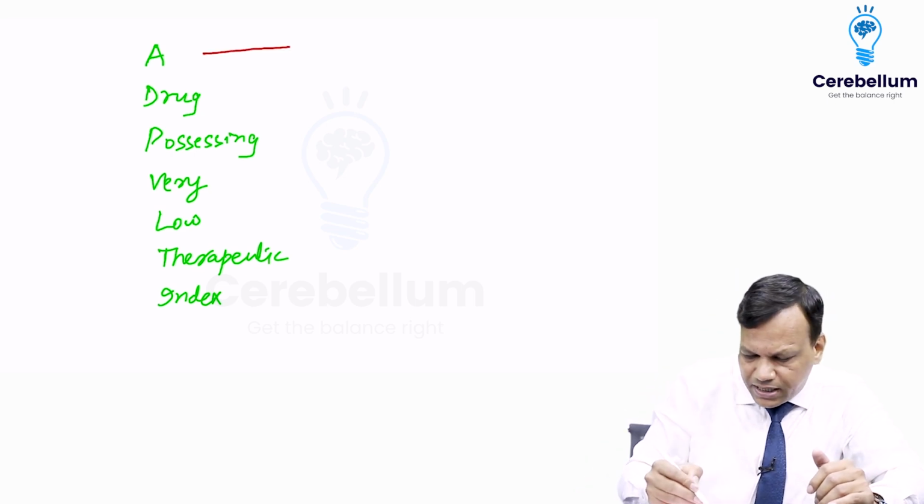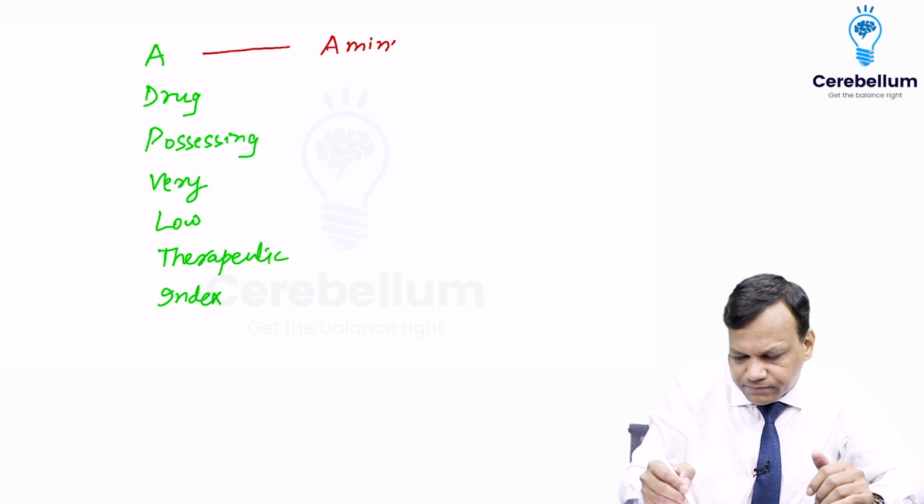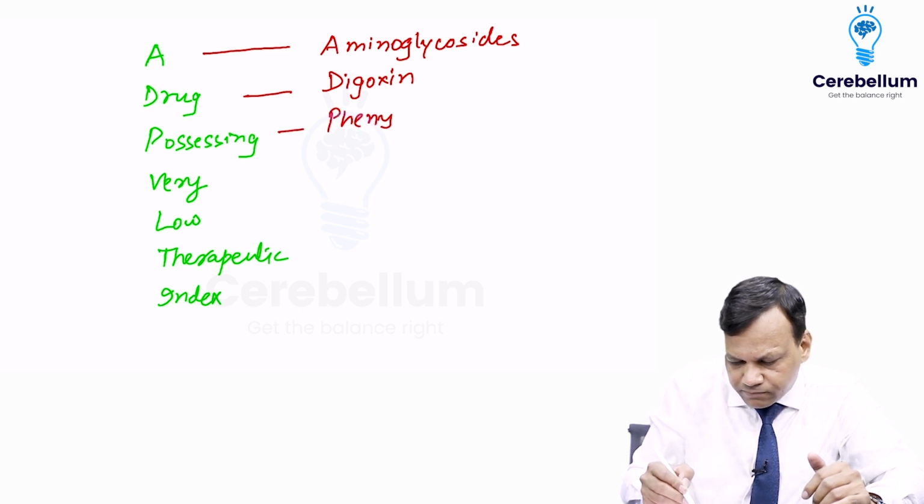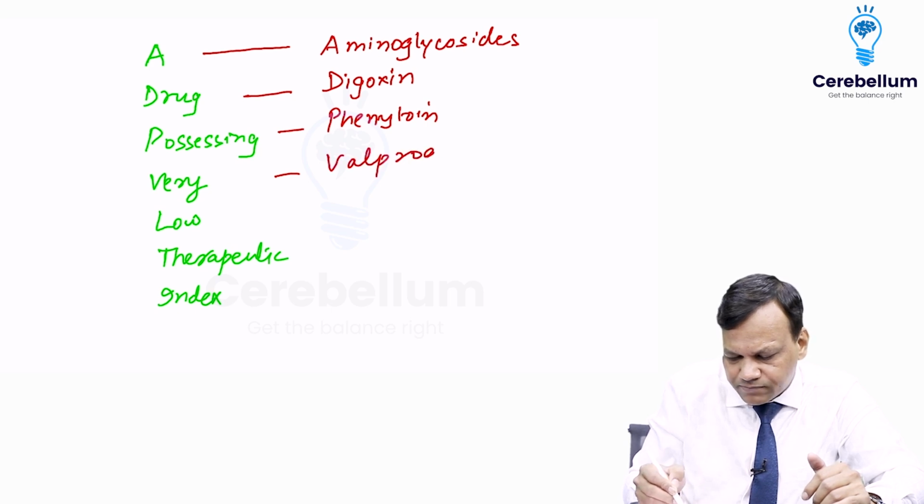So the drugs are A for aminoglycosides, D for digoxin, P for phenytoin, V for valproate. In fact, most of the antiepileptic drugs.